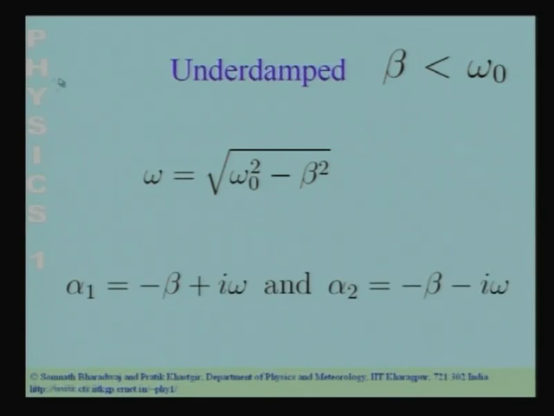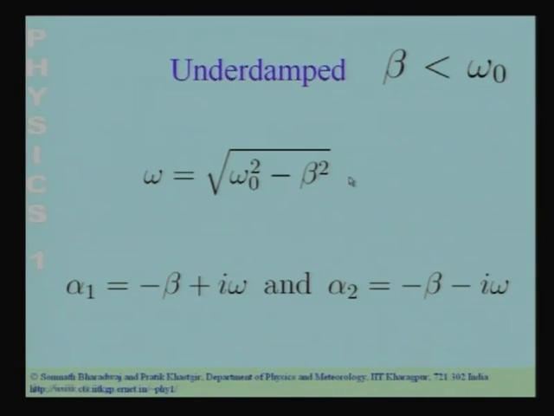Now, the consequence of introducing a damping is that it changes the frequency at which the oscillator oscillates. If you introduce a damping, notice that the angular frequency for the damped oscillator is smaller than the angular frequency for the undamped oscillator. Further, the more the damping, the larger the difference between the damped oscillator and the undamped oscillator.